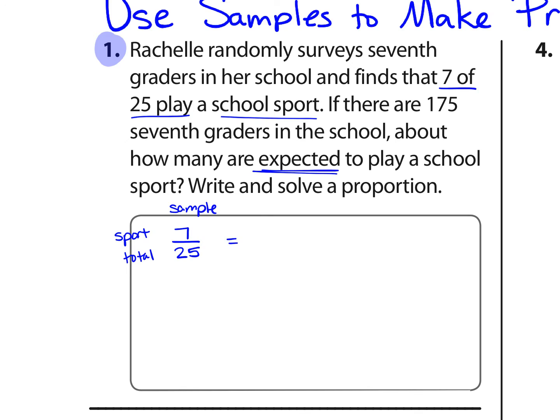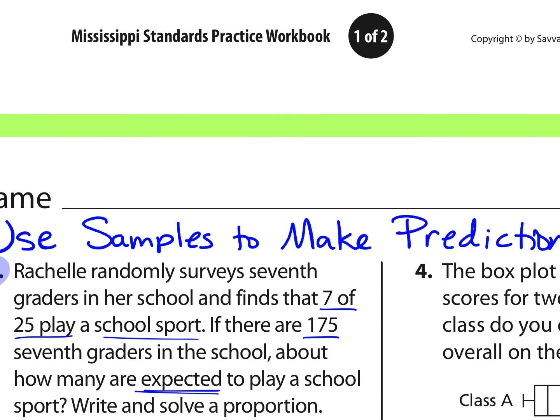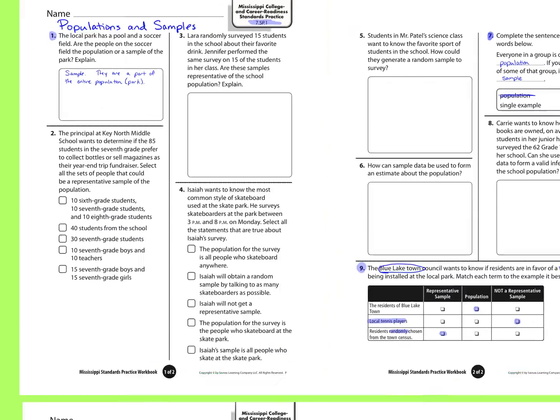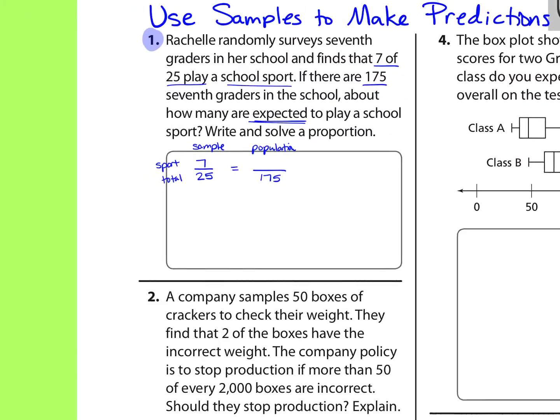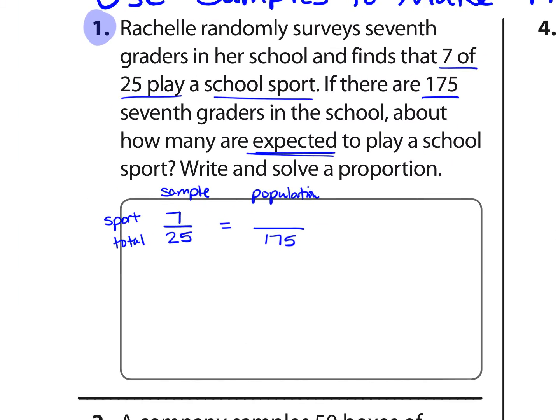Let's compare it to the whole population. So there are 175 7th graders total in the school. How many are expected to play a sport? That would be unknown, so we're going to represent that with x. So now we're just solving a proportion.